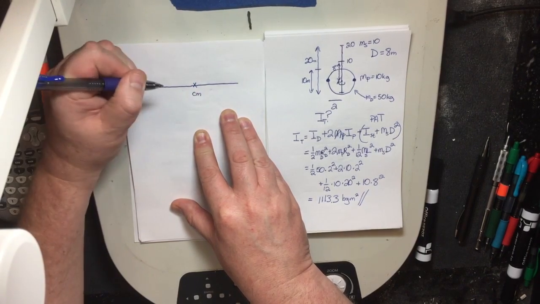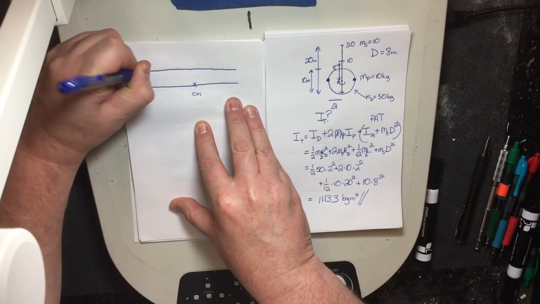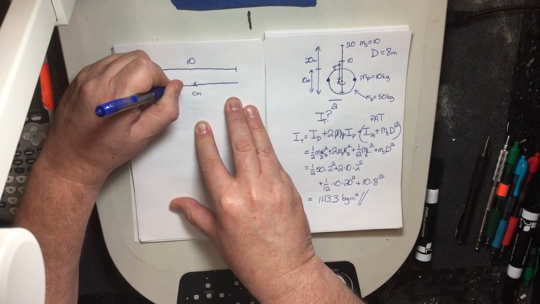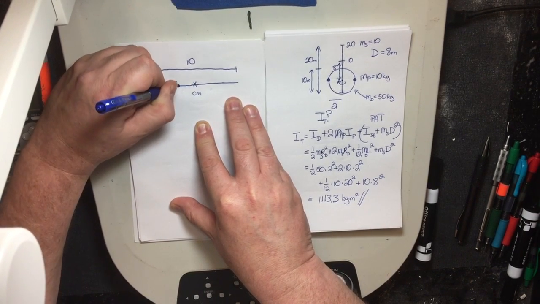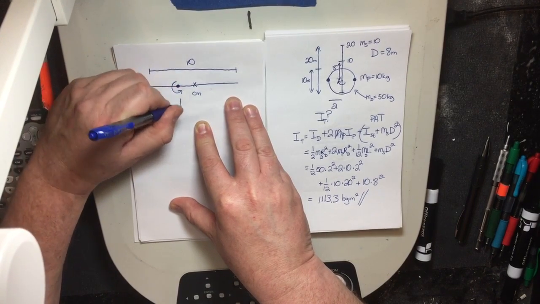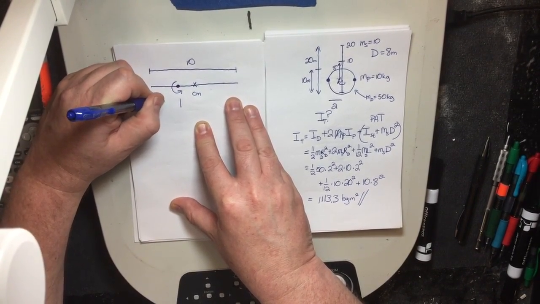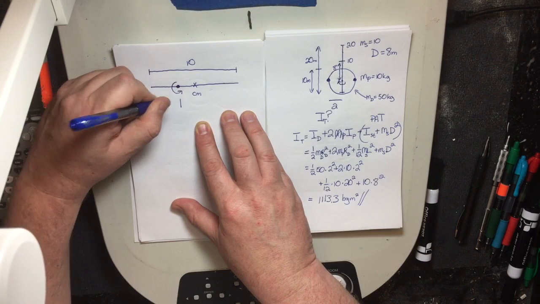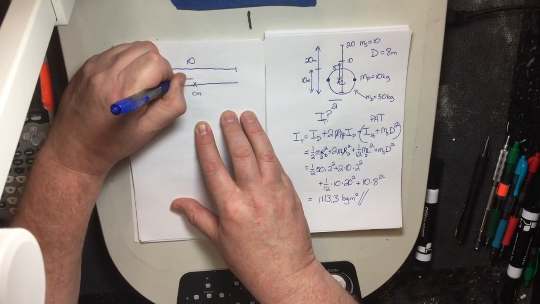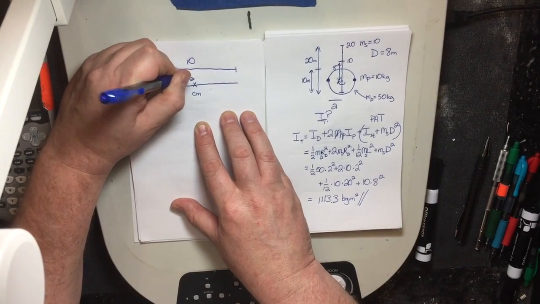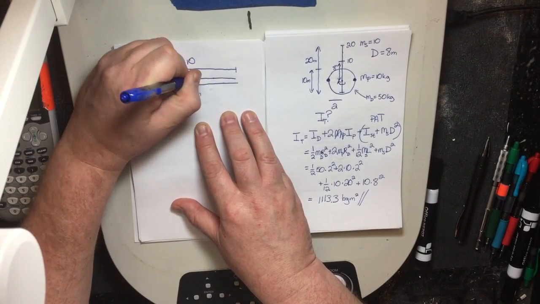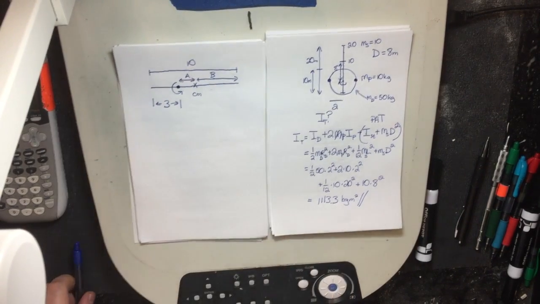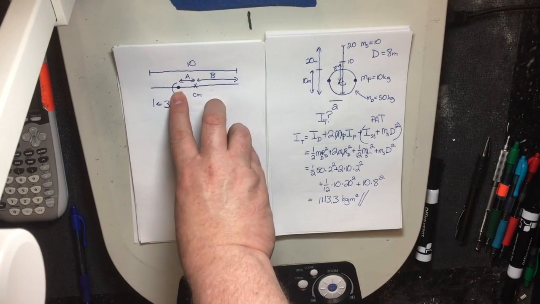If that's the center of mass, let me simplify it just a little bit. Okay. So the stick is rotating about that point.